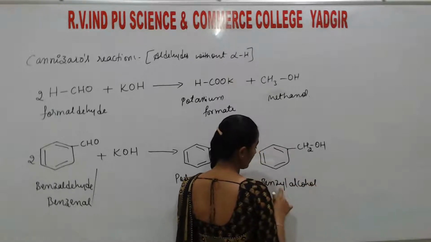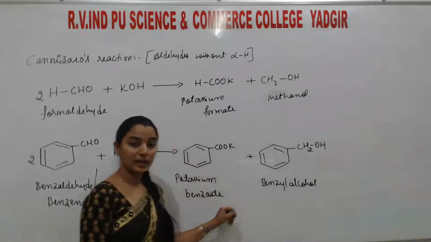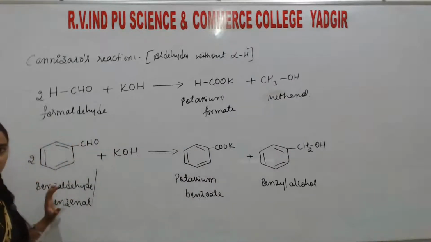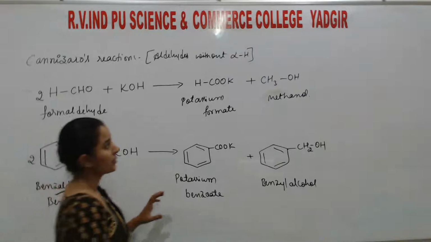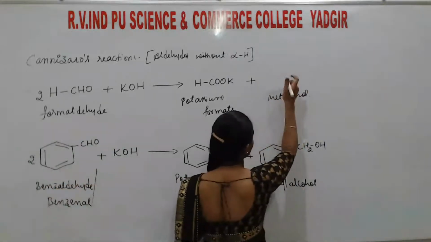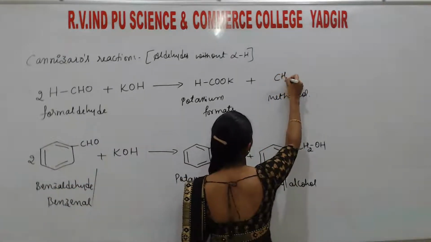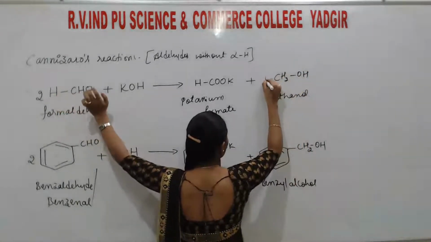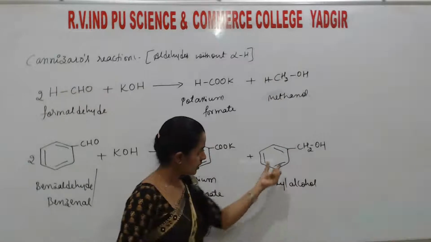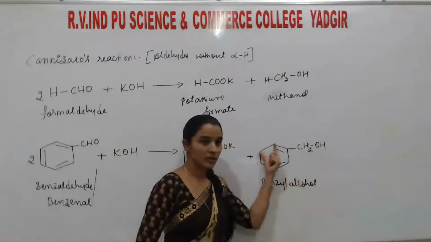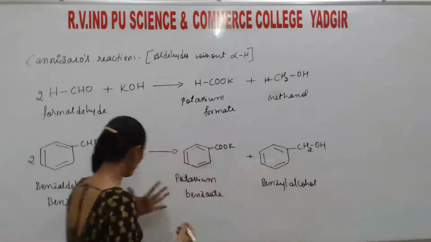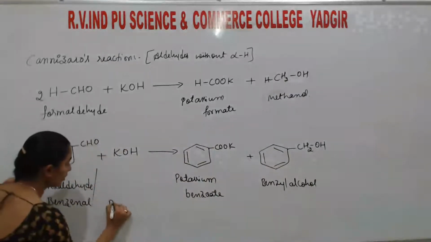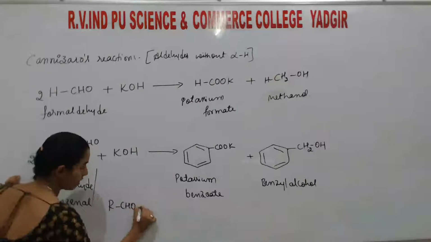Remember, benzyl alcohol. Okay, this is the reagent. Remember, here also the same happens, like CH2OH, but here this one is an H, so it is CH3OH. Here also CH2OH, and this one is the benzene. So remember, in case you want to write a general reaction, we may write RCHO.